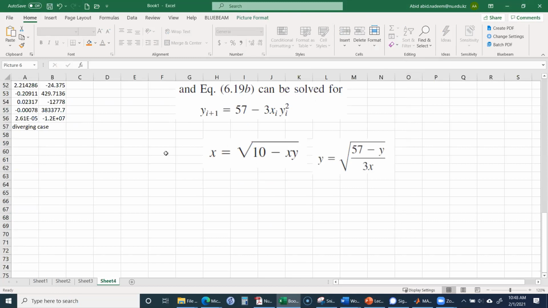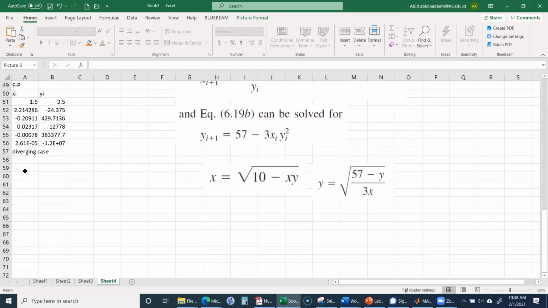So now if we apply this approach into the fixed point method, we can say x_i and y_i. As before, we take 1.5 and 3.5, okay, these two values. Now I calculate the new value of x.